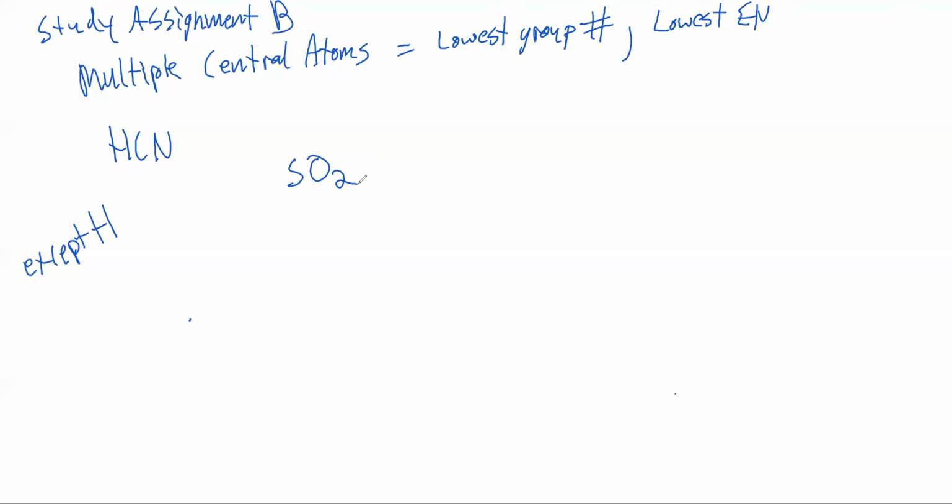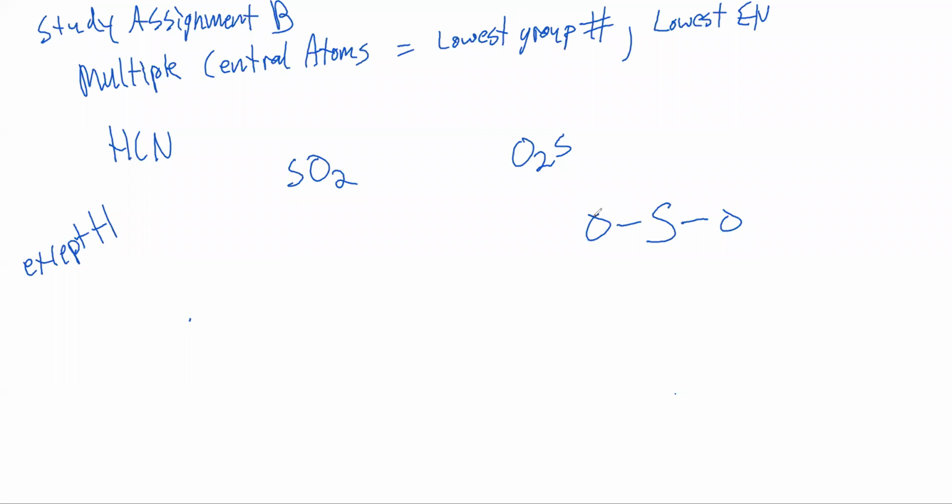The reason why it's SO2 and not O2S is that sulfur and oxygen both share the same group number. They're both in group 6A. Now, between sulfur and oxygen, sulfur has lower electronegativity, and so that's why we're putting sulfur in the middle. We end up with our oxygens on the outside for their bond skeleton.